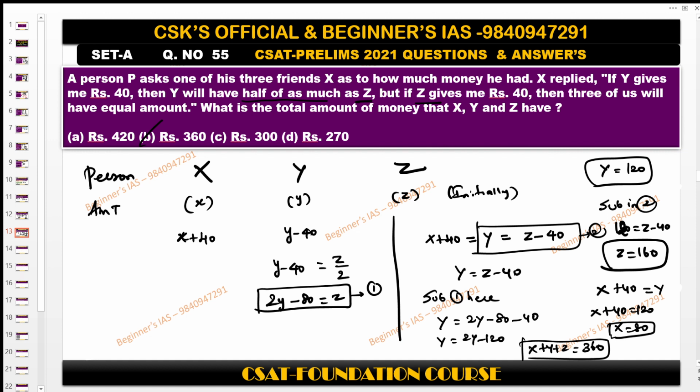Sir, I have a doubt. After finding y is equal to z minus 40, what have you done, you have substituted equation 1? No, no. Substitute 1 here. I am substituting z here in the place of y. Okay, clear.